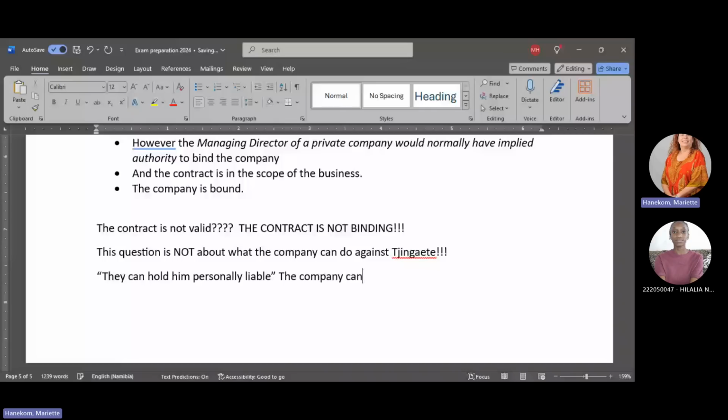But if they used all that packaging material in manufacturing and packaging their face creams, they didn't suffer any damages from him entering into this unauthorized contract. So what can they claim from him? You didn't think this through.